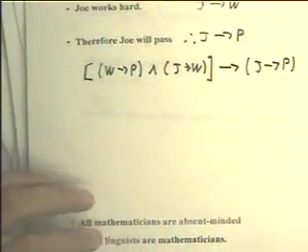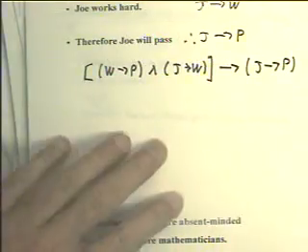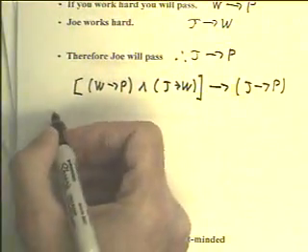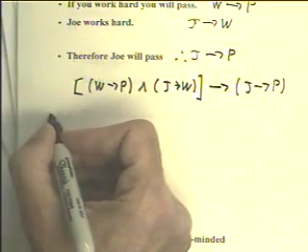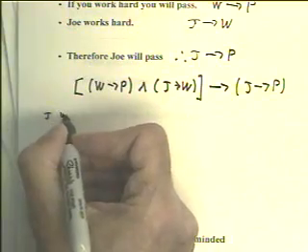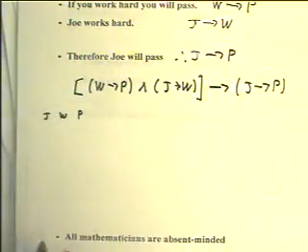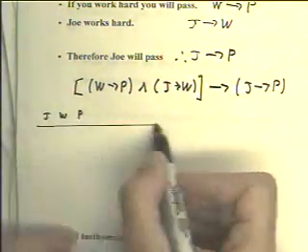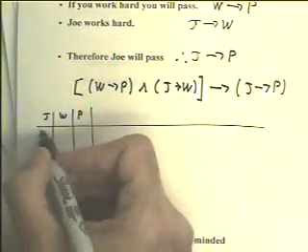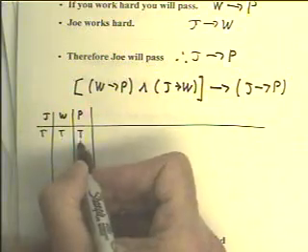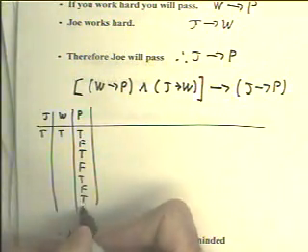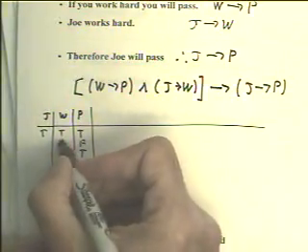We can set up a truth table for this situation. We have the conditions J, W, and P, which can be true or false. So we would set our truth table up in the beginning in the usual manner.